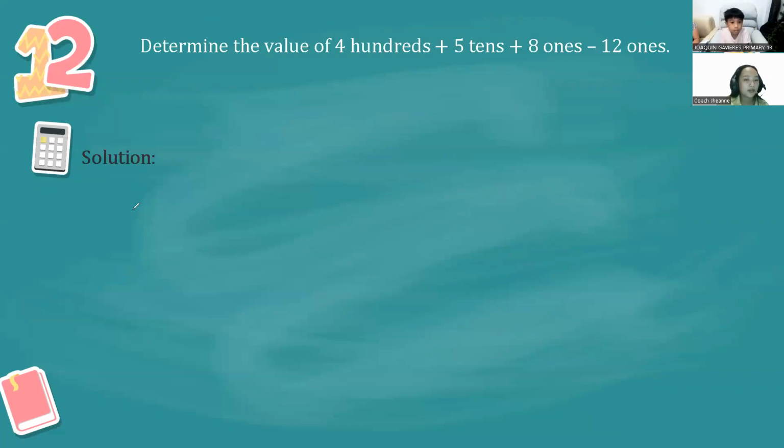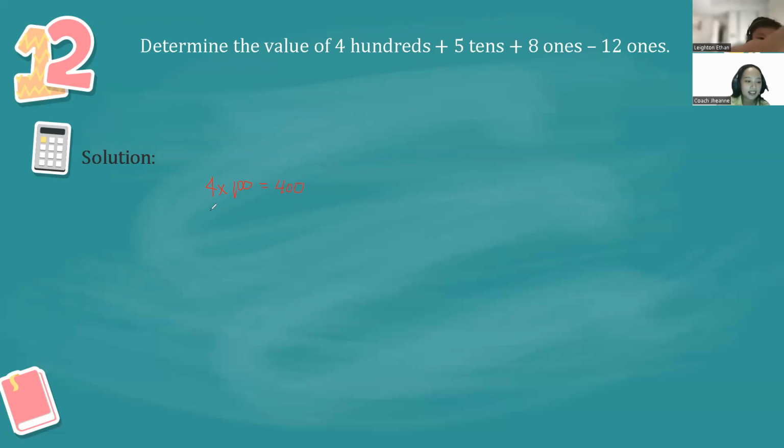Determine the value of 4 hundreds plus 5 tens plus 8 ones minus 12 ones. Now to solve this problem, we have to express it in numbers. Okay? Now, you can see here we have 400, so that would simply mean 4 times 100. Okay, do you agree? 4 times 100, that is 400.